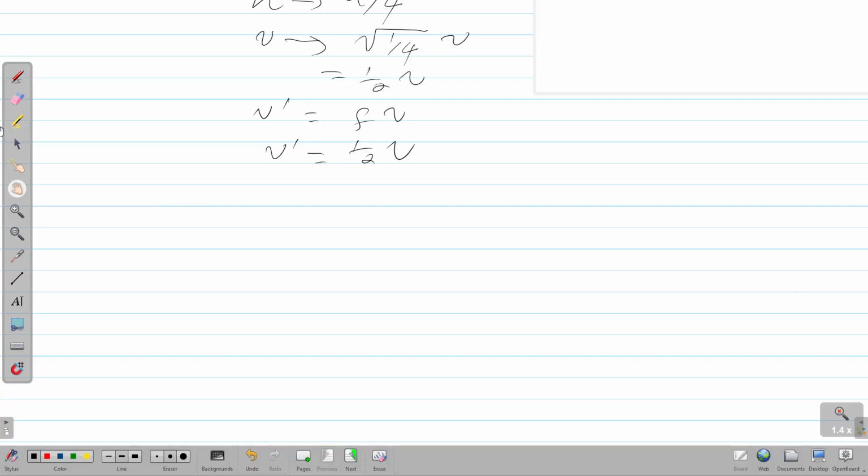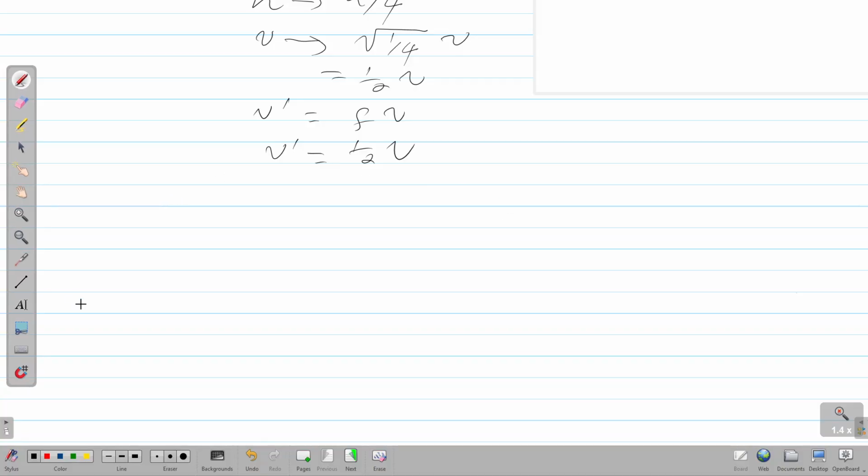Again, you can simply apply the kinematic equations and start with the fact that v is the square root of 2gh from above, and now that means that v prime is equal to the square root of 2g h prime.